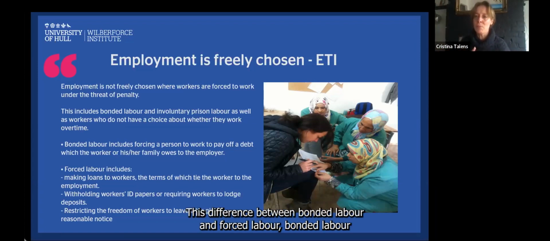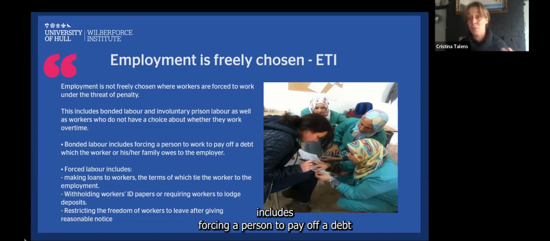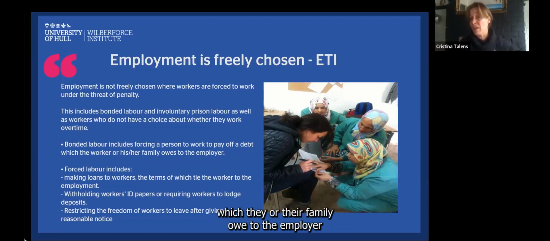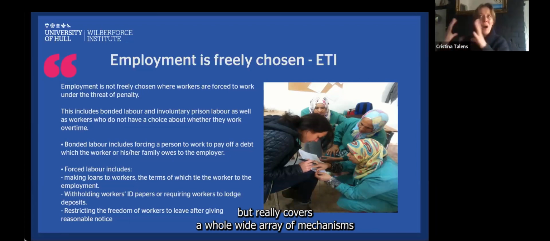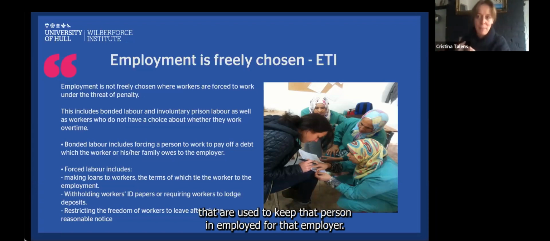There's a difference between bonded labor and forced labor. Bonded labor includes forcing a person to pay off a debt which they or their family owe to the employer. Forced labor can also involve bonded labor, but really covers a wide array of mechanisms that are used to keep that person employed for that employer.